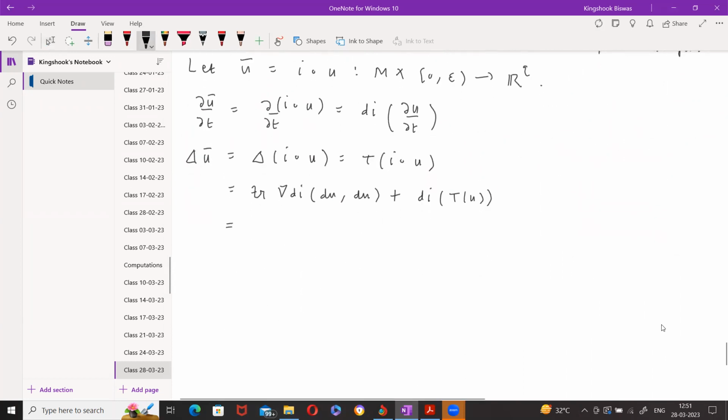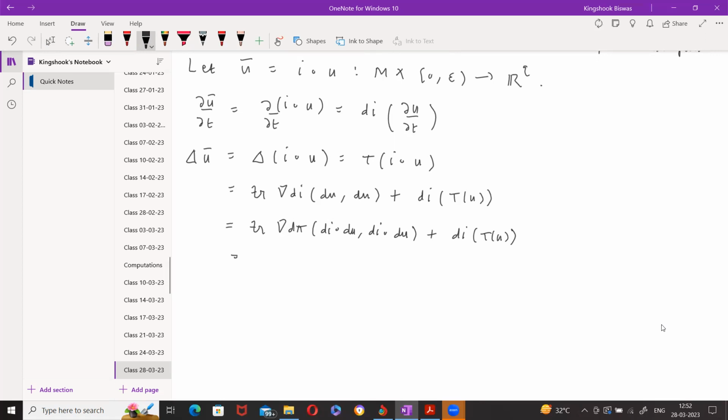So this is trace of nabla d pi, and then I'll have di composed with du, di composed with du, right? Plus di of tau u, right?